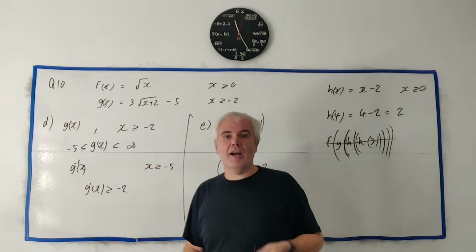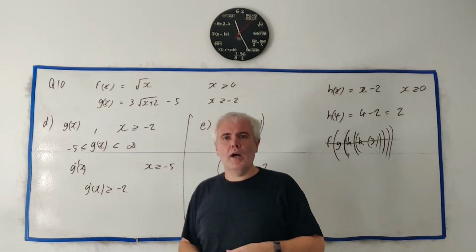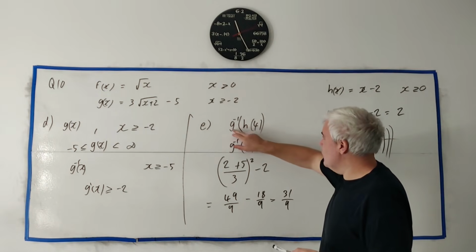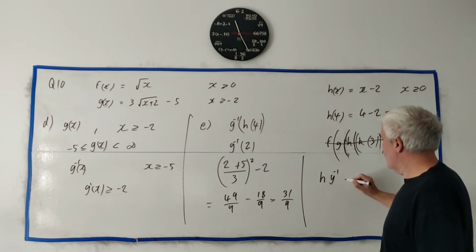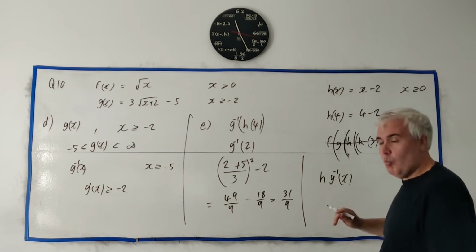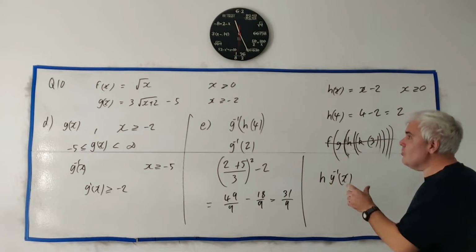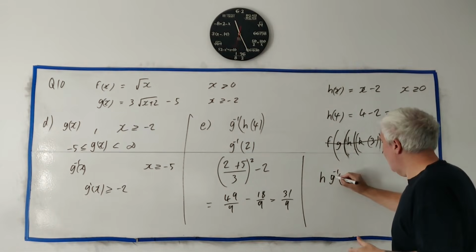Okay, for the final mark in this whole paper, they want you to explain why the composite function h of the inverse of g, h inverse g of x, why that doesn't work. Why can it not be formed? The answer comes down to its domains and its ranges.